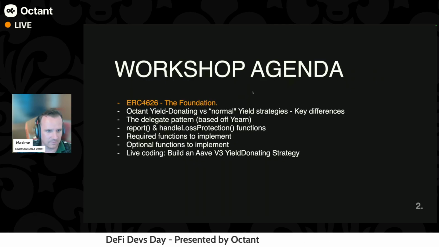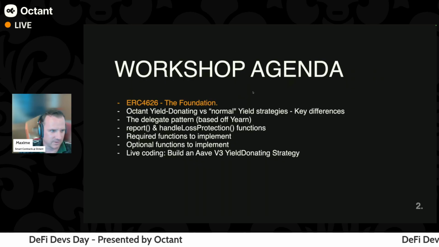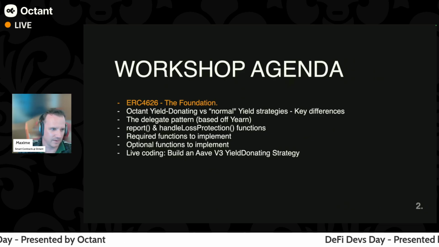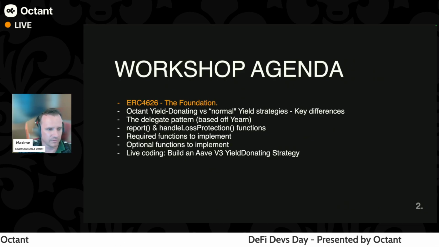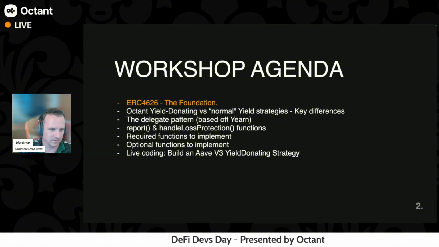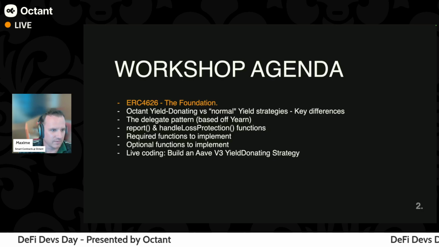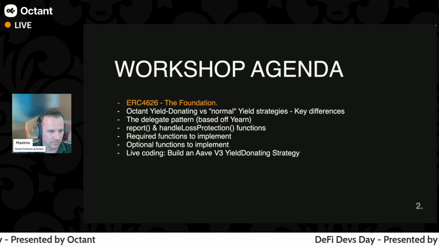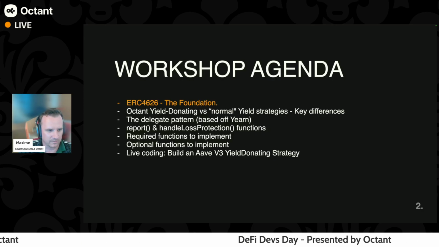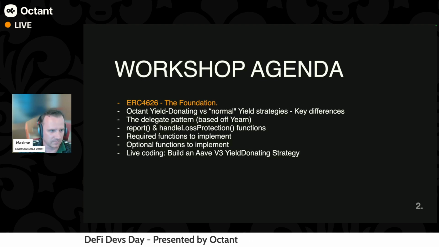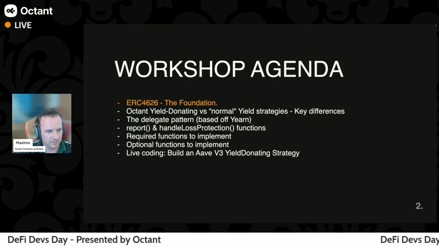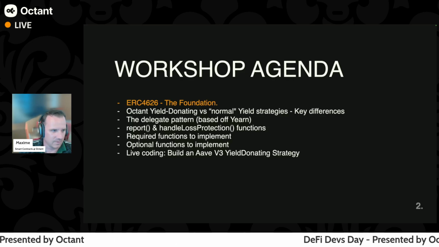So here's the workshop agenda. We'll start by introducing you to 4626, the foundations, because the yield donating strategies are 4626. Then I'll show you the differences between the normal yield strategy and the Octant yield donating strategies. Then we'll go into the delegate pattern.